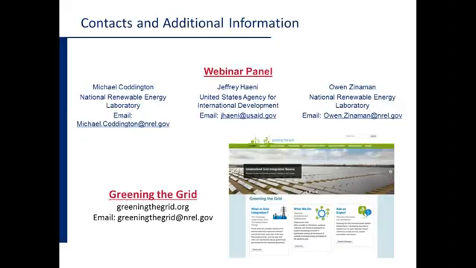The other thing that we find is that a lot of the lower income customers, if they're living in urban or peri-urban environments, may not have roof space. So the question is, what do you do about that? Community solar, also known as shared solar approaches, can certainly be very effective here.